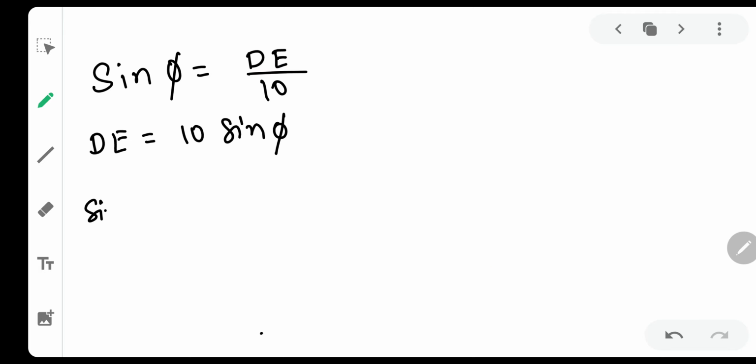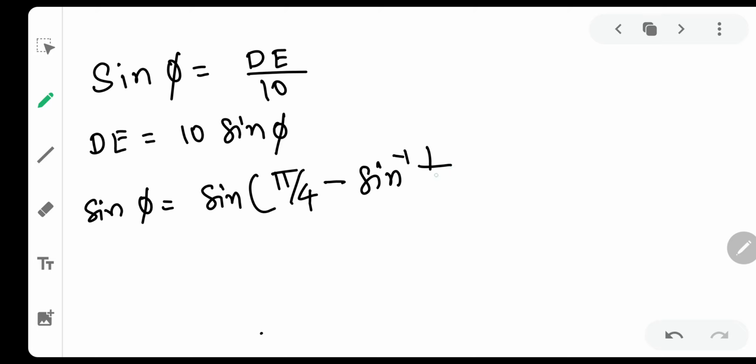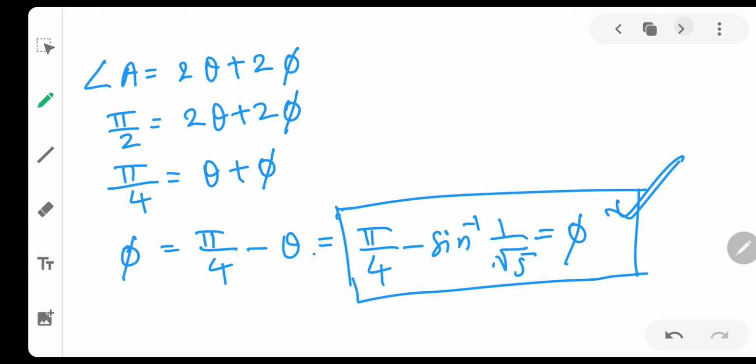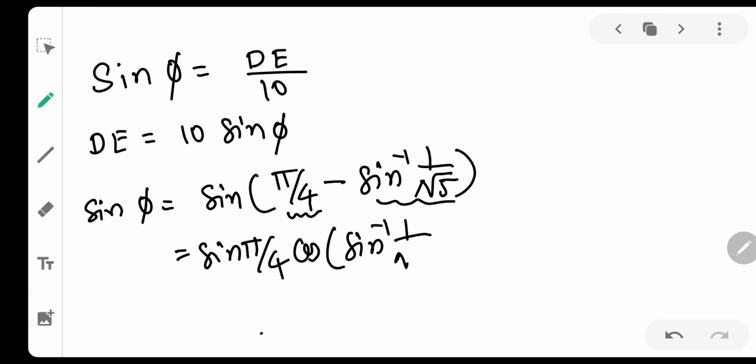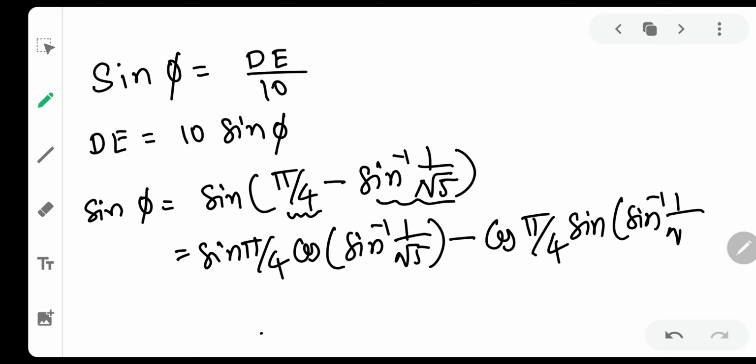So sine of phi is actually equal to sine of pi by 4 minus sine inverse of 1 by root 5. I have just substituted the value of phi. Now you can see this is sine of A minus B. So I can say sine A cos B minus cos A sine B. As you can see, instead of A I had pi by 4 and instead of B I had sine inverse 1 by root 5.